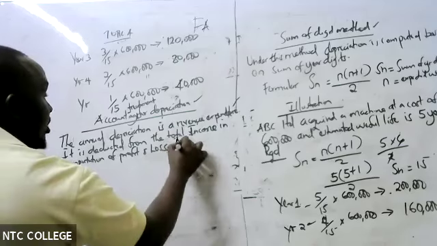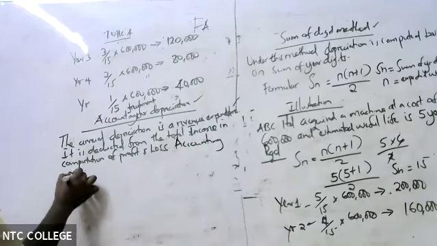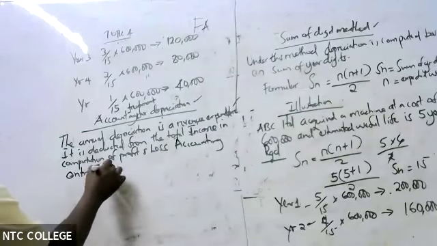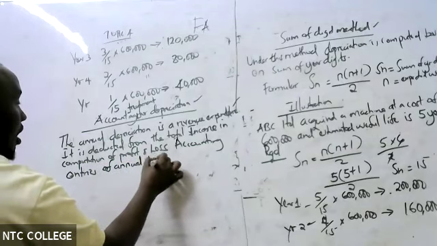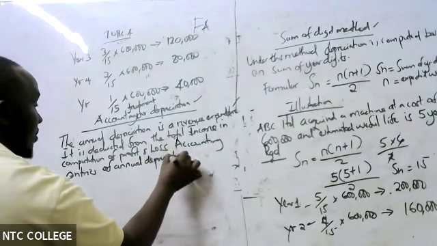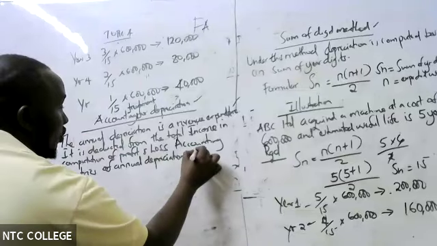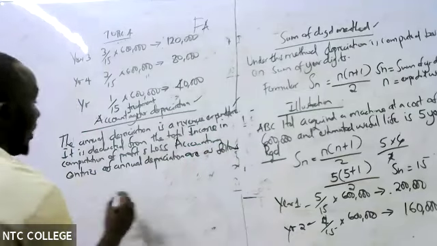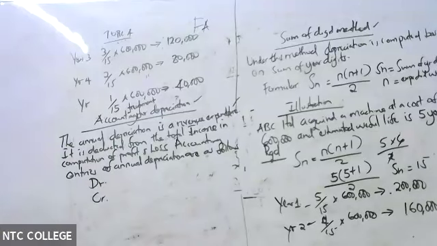Then we say accounting entries. Entries of annual depreciation are as follows. We did double entries. What are the double entries? What do we debit and what do we credit?